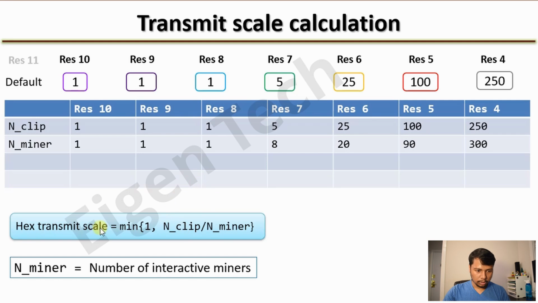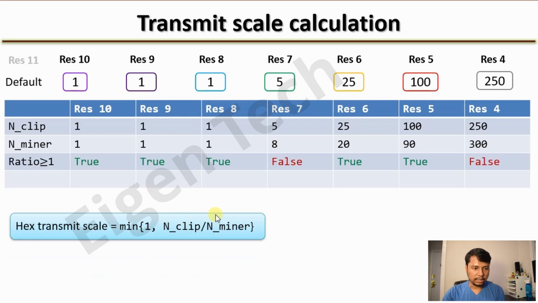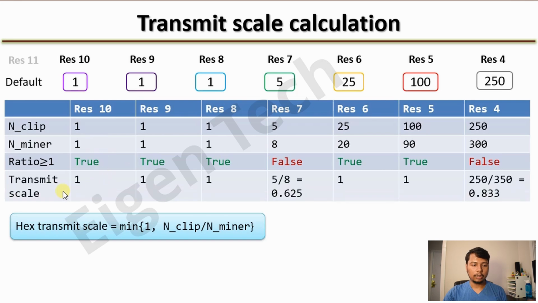So we can simplify this math expression and simply compute the ratio between n_clip and n_miner. If it's greater than 1, we say true. If it's less than 1, we say false. In other words, if the number of miners present in a hex is smaller or equal to the optimal number of hotspots, it's true or green, and if it's more than that, it's false. If it's true, you can consider that the transmit scale is simply 1 for that particular hex.